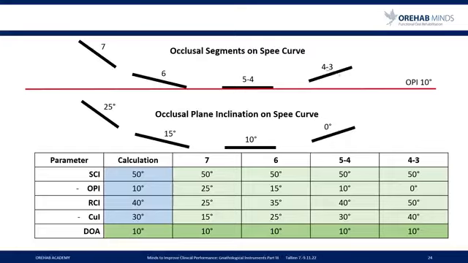anterior, canine to first premolar, first to second premolar, first, second, or even third molar. And when we use now these segments of occlusion and we are measuring the inclination of these segments according to the curved arrangement, we may see here we have 0 degrees, we have 10 degrees, which is the overall occlusal plane inclination as well.